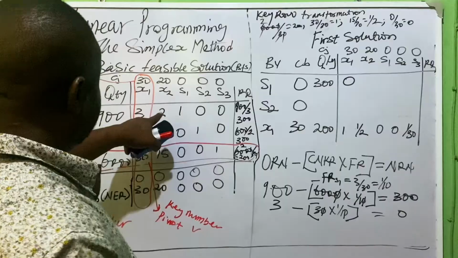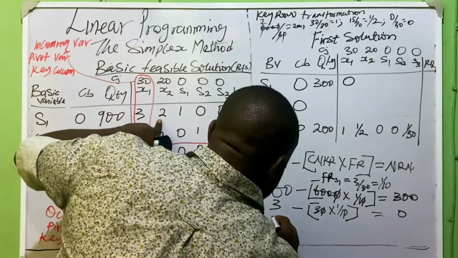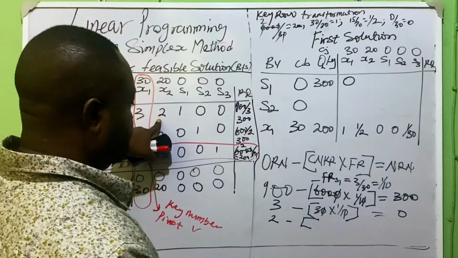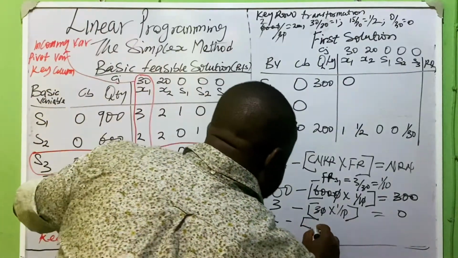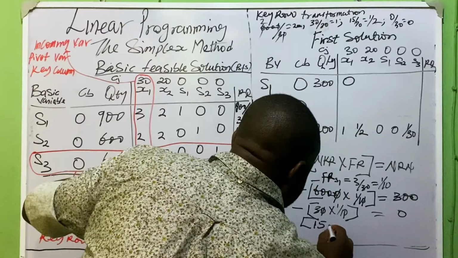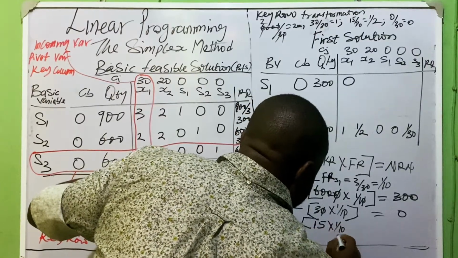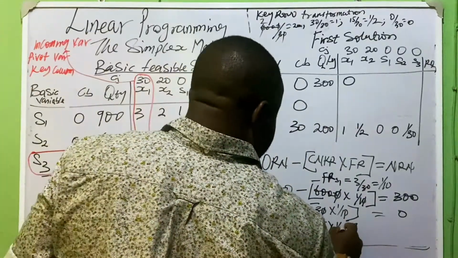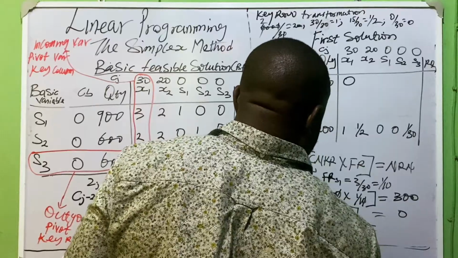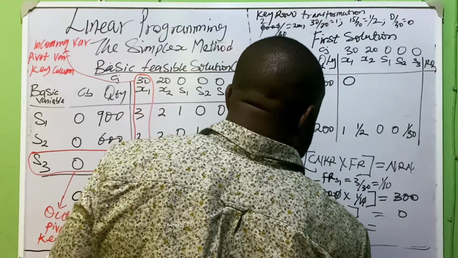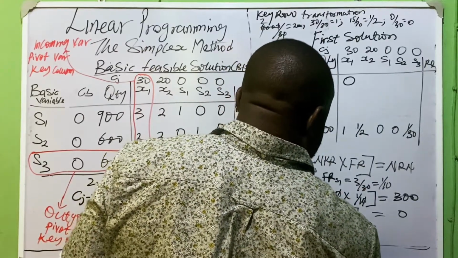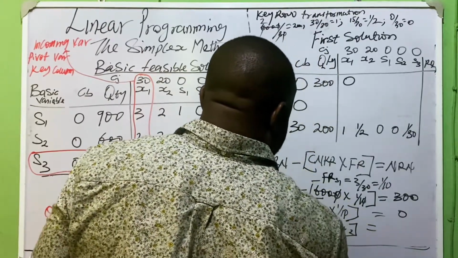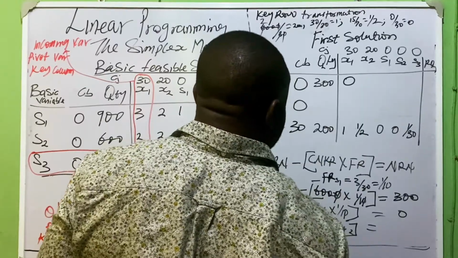Now we have to transform these two. So we have 2 minus the corresponding value, which is 15, multiplied by 1/10. 5 goes into 15 three times, so we have 2 minus 3/2.